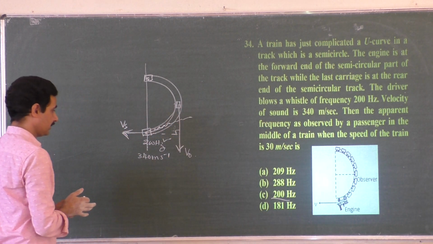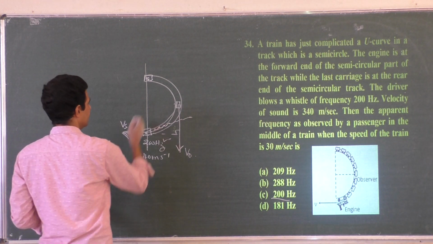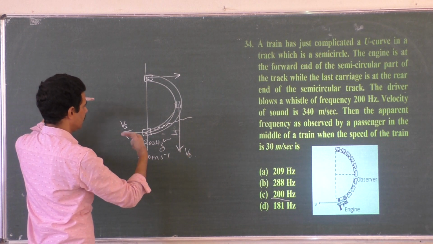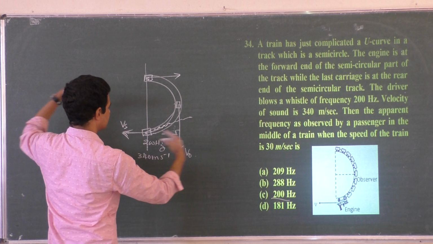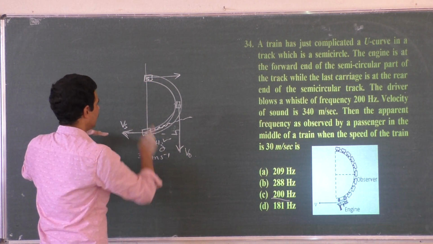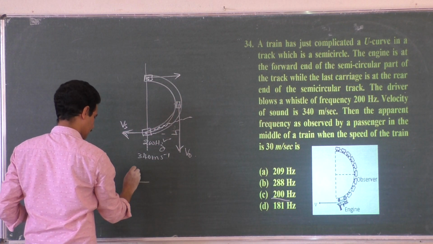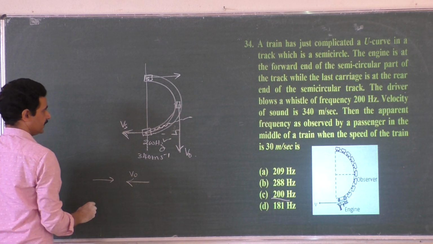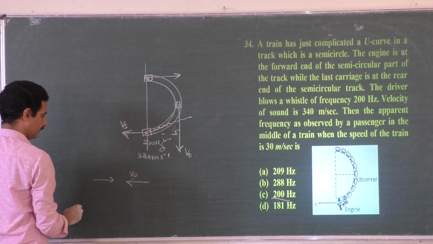Suppose it is asked to find out the apparent frequency as heard by the observer in the last compartment. He is moving like this, right? That means the source is approaching towards the observer, right? So they are in the line of action now. Then you have to see the situation. The source is like this and the observer like this. Source moving towards him, or you can take the source moving away from the observer.